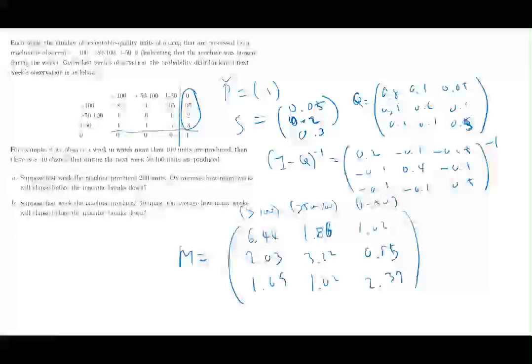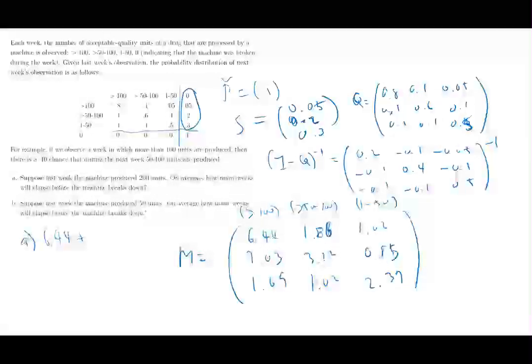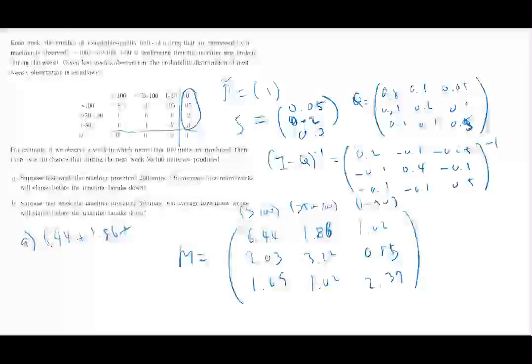Okay, so part A is going to be the first row: 6.44 plus 1.86 plus 1.02. So the whole thing is 9.32 weeks.